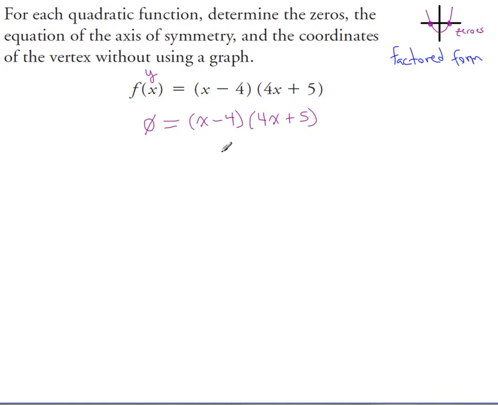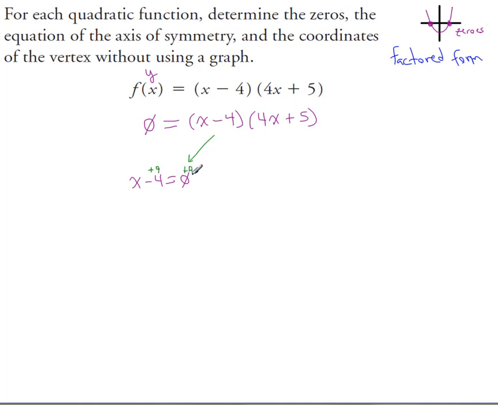So let's start with this one. I'm going to draw a little arrow over here, and I'm going to say if this one is 0, we have x minus 4 equals 0. That's one of our possibilities. Now how do I solve for x? x isn't by itself. I need to get it all by itself. So I'm going to add 4 to both sides.